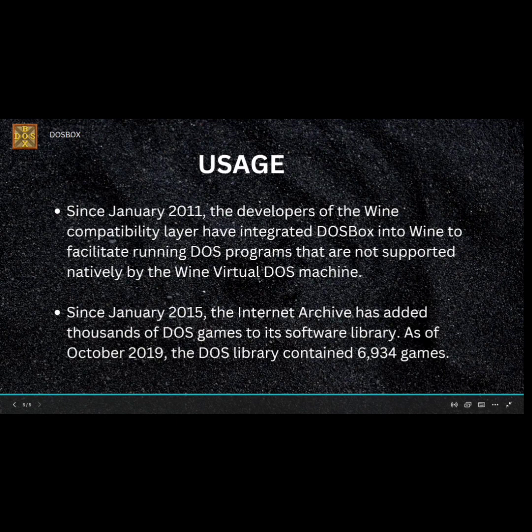Since 2011, the developers of the Wine compatibility layer have integrated DOSBox into Wine to facilitate running DOS programs that are not supported natively by the Wine virtual DOS machine. Since January 2015, the Internet Archive has added thousands of DOS games to its software library. As of October 2019, the DOS library contained 6,934 games.